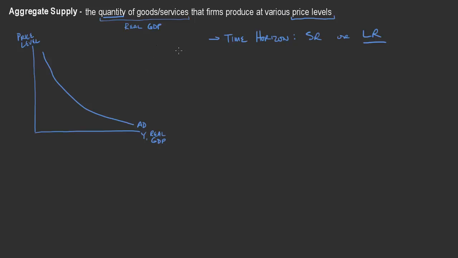So we know in the long run that GDP changes due to supply of labor. And let me mark this out here. So we know that real GDP might change for a number of reasons, and it's really all the inputs that go into GDP. So this would be labor, if we have more labor.